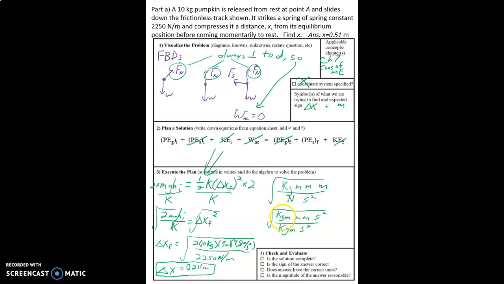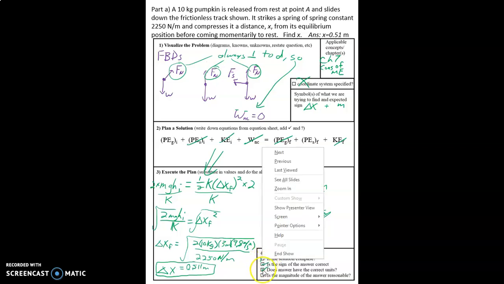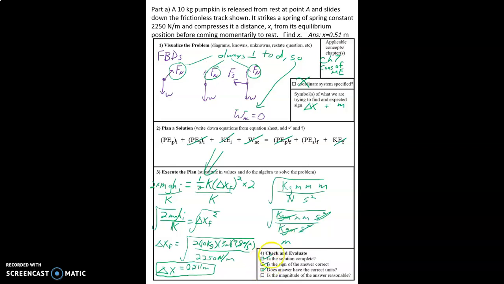So now second squared cancels with second squared. We're left with the square root of meter squared, and the square root of meter squared is a meter. So the units do work out. The sign is correct. We did solve for everything we were supposed to. And is the magnitude of the answer reasonable? Really quite hard to say in this case.